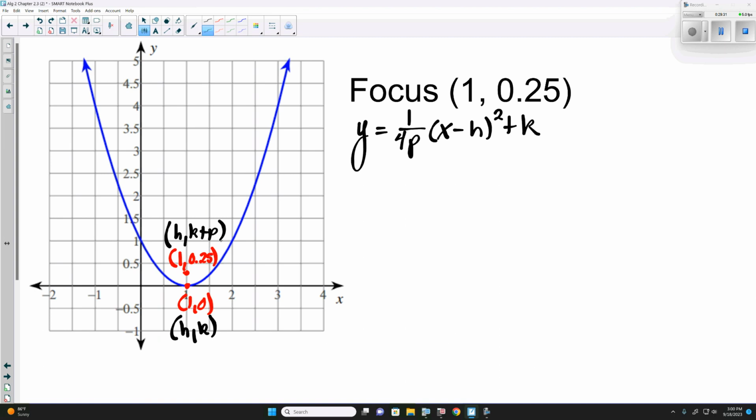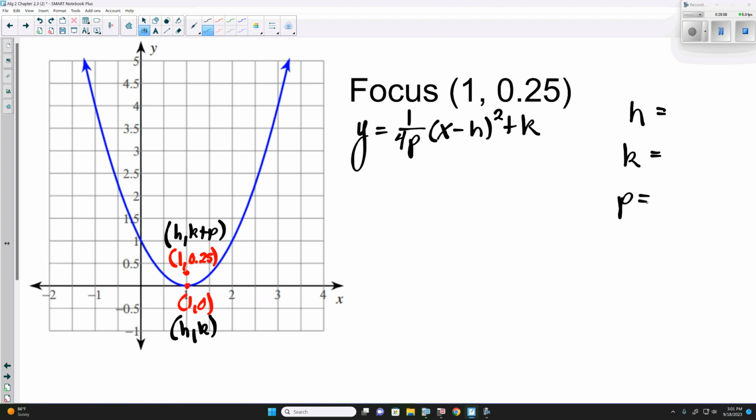So the vertex is the point h comma k. So our vertex, guys, let's focus in. The vertex is the point h comma k. And because we're looking at y equals, our focus is not h plus p anymore, it's h comma k plus p.